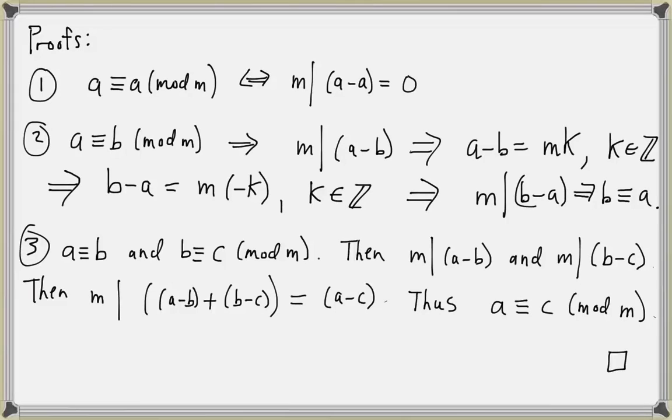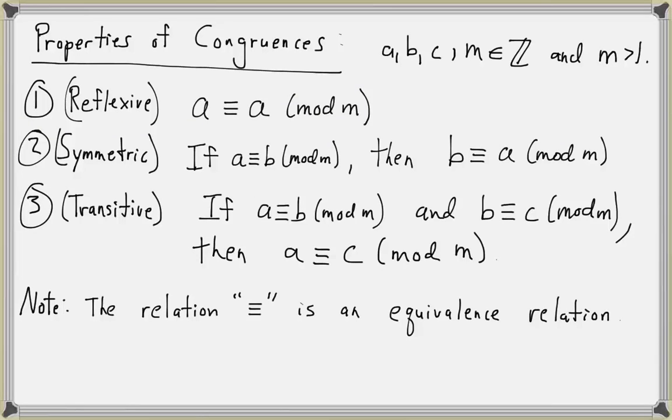So we've just proven that the congruence relation is an equivalence relation. I want to give one more property that can be kind of useful to think of. When is a congruent to 0 mod m? I showed an example earlier that 10 was congruent to 0 mod 5 because 10 was a multiple of 5.